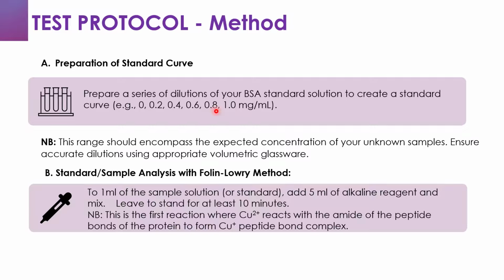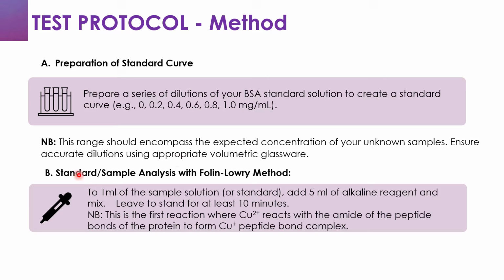So we'll have to use a serial dilution to prepare each of these concentrations from our stock, which is the 1 molar BSA solution. And what we also have to note is that this range should encompass the expected concentration of your unknown samples. And also in doing this, we must ensure accurate dilution using an appropriate volumetric flask.